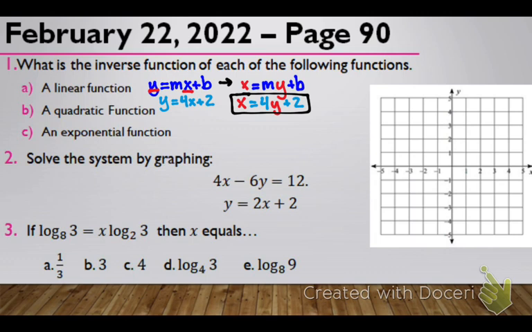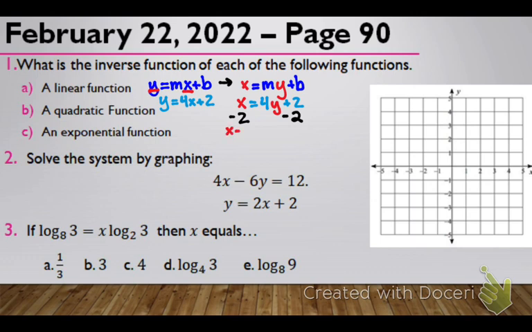What would I do first to solve for y? I want y to be alone. What am I subtracting? I'm going to subtract 2 from both sides.